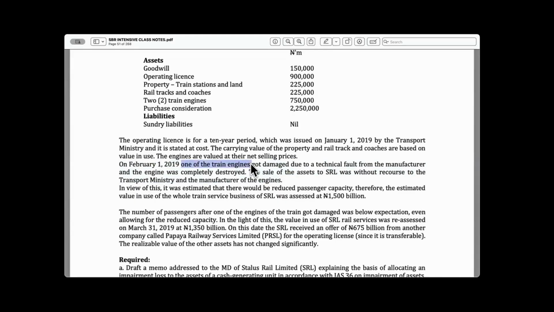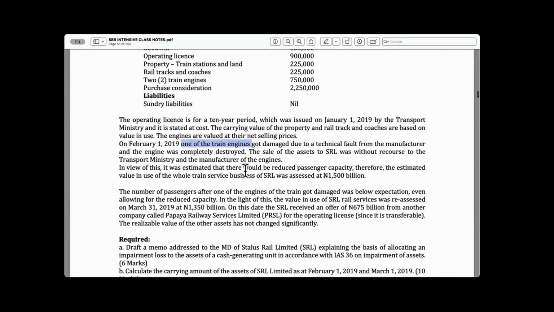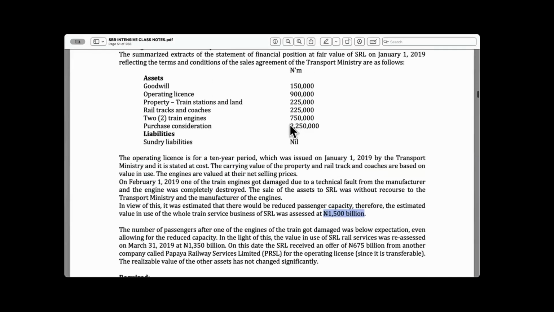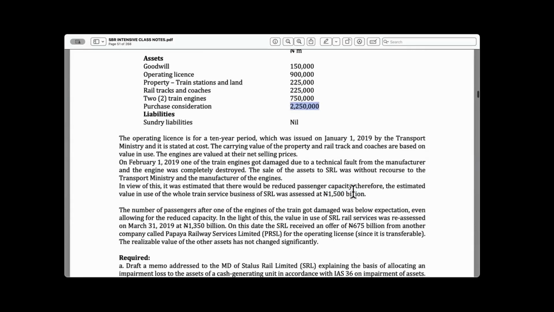That's the issue here. We're now told that in view of this, it was estimated that there will be reduced passenger capacity. So the value in use of the old train engine was assessed to be 1.5 billion. Clearly, the value of the train engine before was 2.2, but now it is 1.5. The difference is impairment loss.